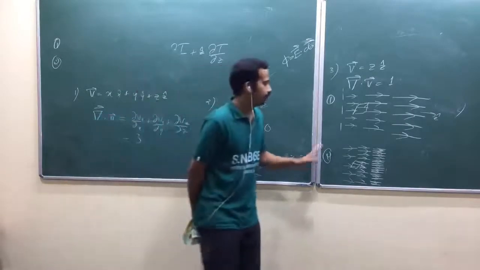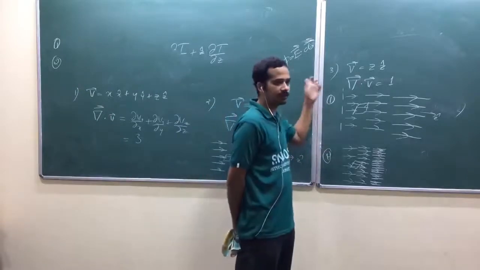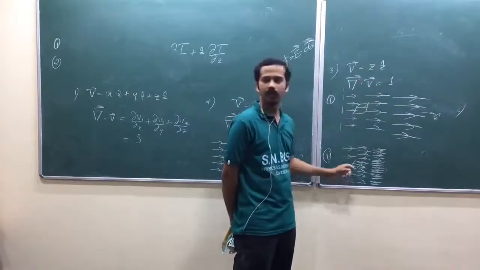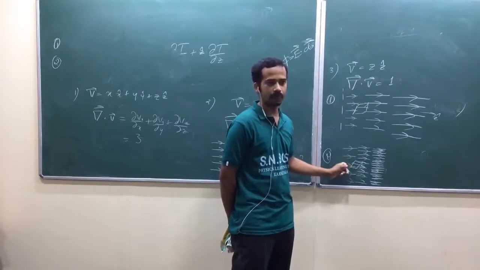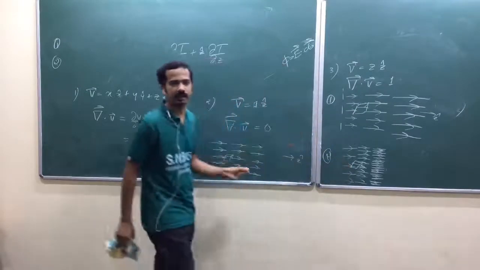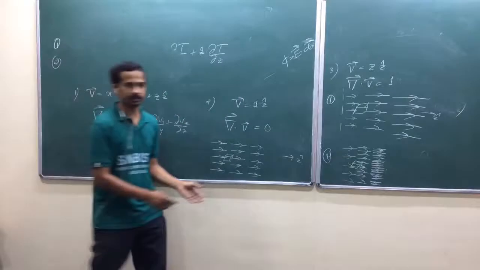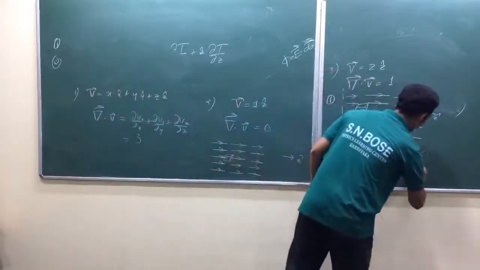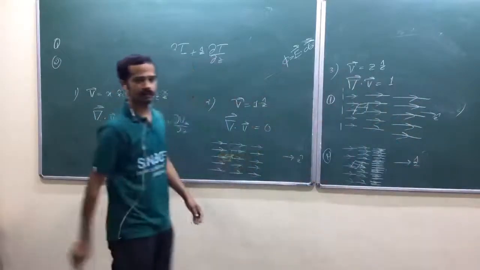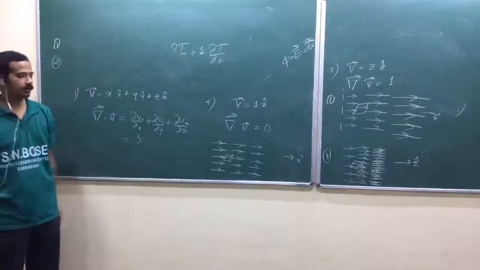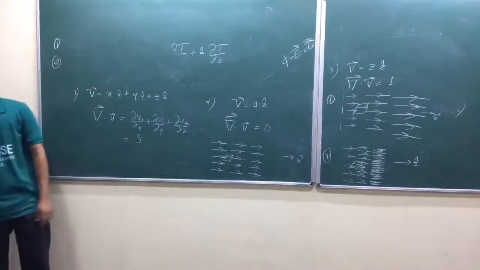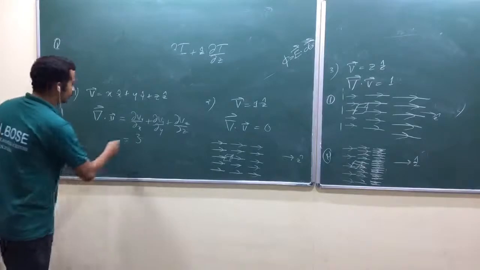But here you need to show that vector field strength is increasing along z axis. I prefer density of field line, we will talk about strength of the vector. That's why along z axis I have increased density of field line, so that I will get outward flux at all points. Okay.